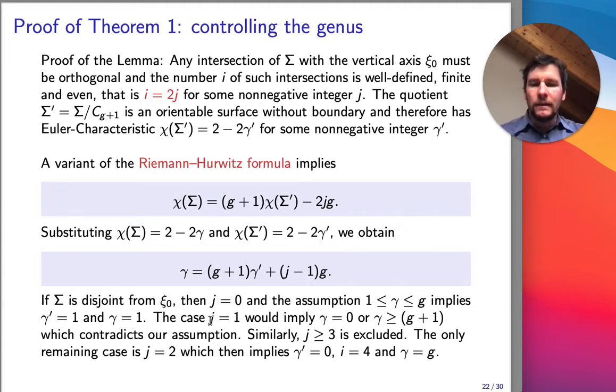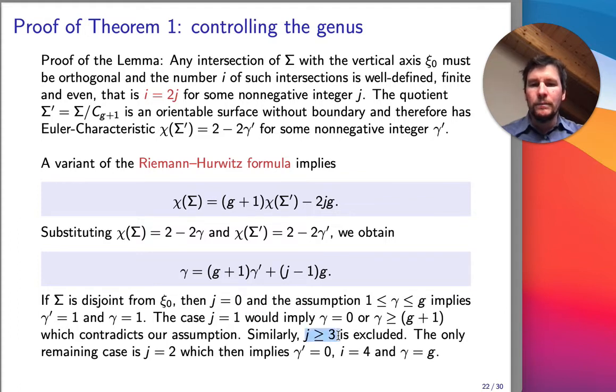If instead j is equal to 1, that means this term here cancels, then we just have gamma is equal to g plus 1 times gamma prime. Okay, but now gamma lies between 1 and g, so gamma prime cannot be any non-negative integer, that would contradict the fact that gamma lies between 1 and g. And therefore, we can't solve this.